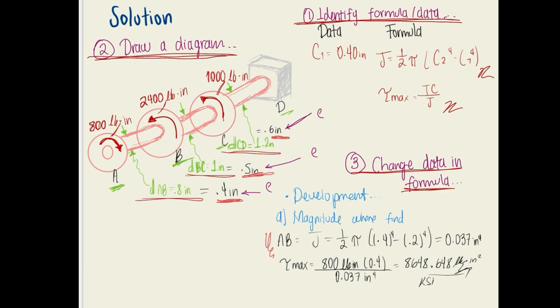Remember that the first radius is our exterior radius, and the second that appears here is the interior radius. When we multiply this data, we have a result of 0.03 inches to the fourth power.